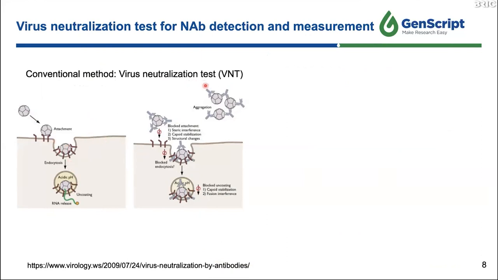When there is neutralizing antibody, the antibodies bind to the virus and prevent it from entering the cells. By quantifying the number of infected cells, we can know the quantity of neutralizing antibody present in the serum. However, this method requires the use of live virus and also cells.